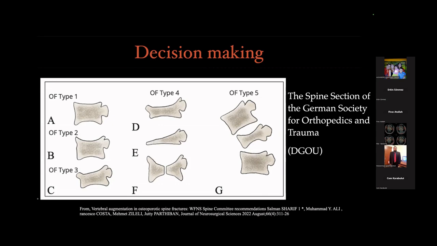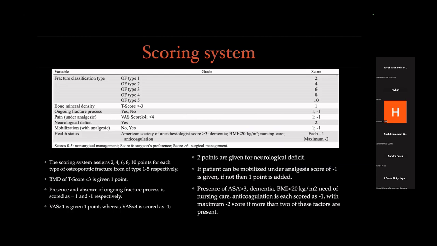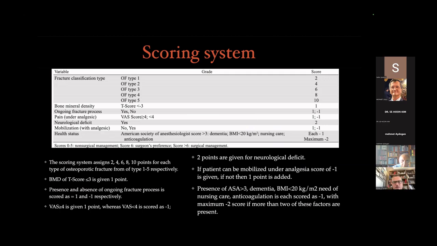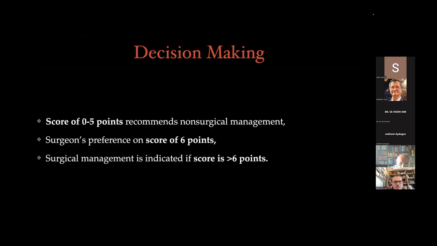Type 5 is anterior and posterior column destruction, which they call the kyphotic type. These patients may have kyphotic deformation, so they created a scoring system to decide on the operation, and they added some other tools to the scoring system.